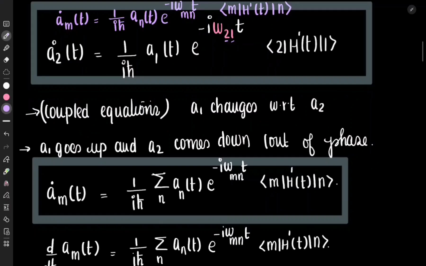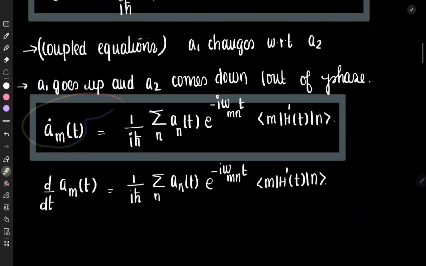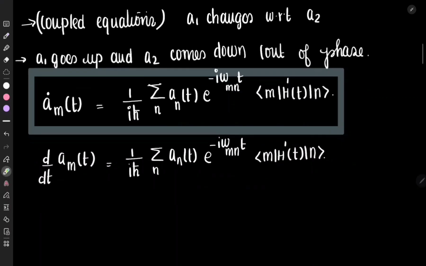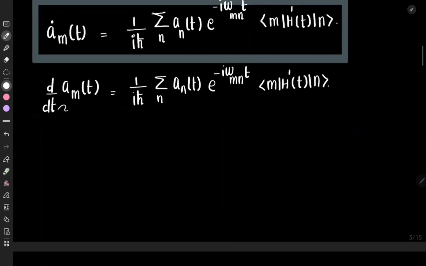Now what you're going to do is a dot m is nothing but d by dt of a_m of t. So just write that in the LHS. RHS will be the same. Just rewrite it, and you will get this equation. From this equation, you take this d by dt to the other side.